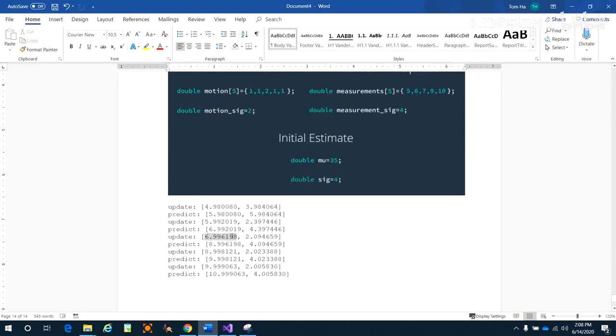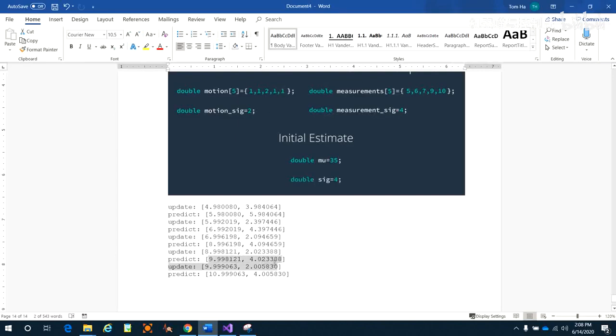And they continue with the prediction. Now they ask the robot to move 2, with uncertainty 2, so they get another prediction. But when the measurement is 9, they correct this value and update the measurement here. They continue, moving 1.